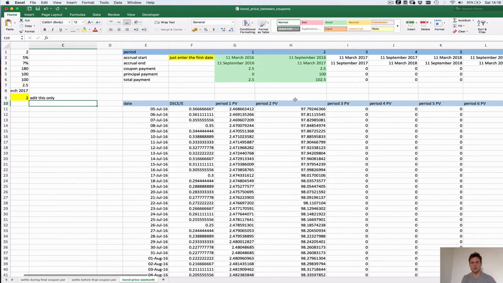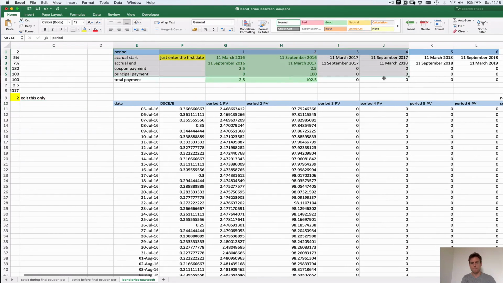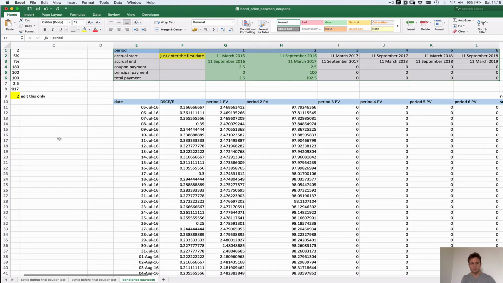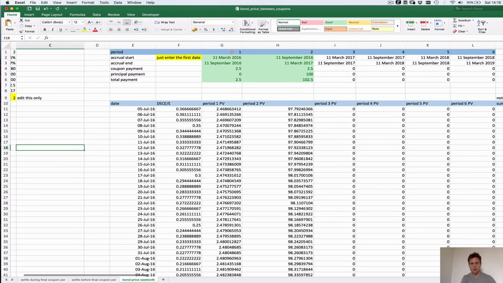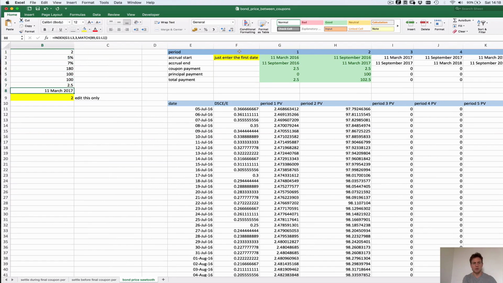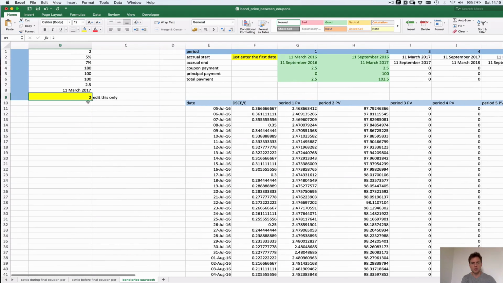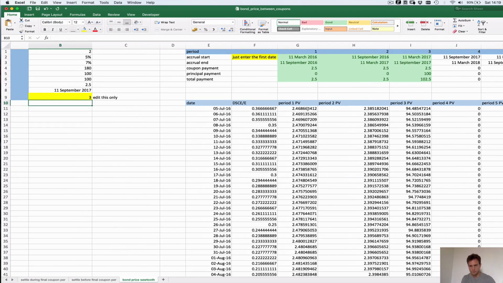They're over here. This table, don't touch it at all. It's all pre-configured and defines 6 possible coupon periods for this bond. Based on the period, you can choose which period you want the bond to mature. So let's say the bond matures after period 3.